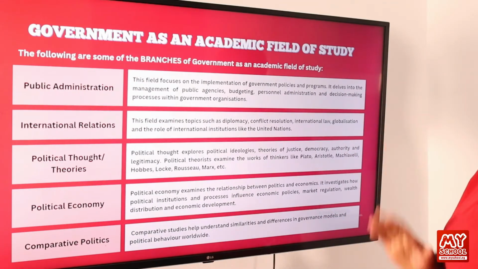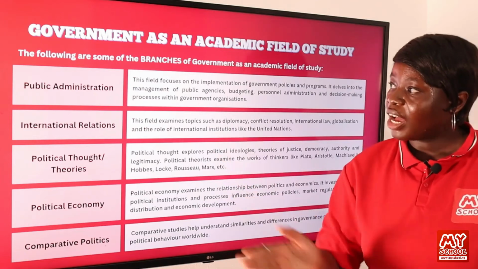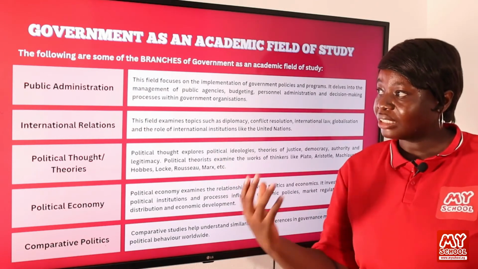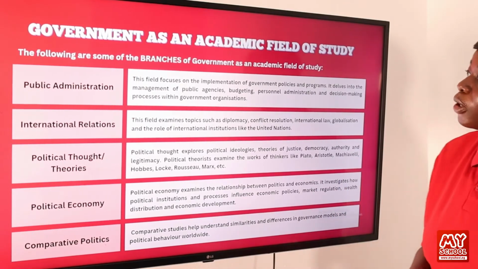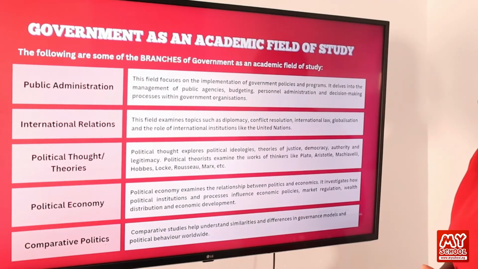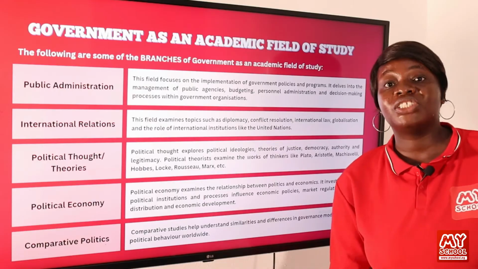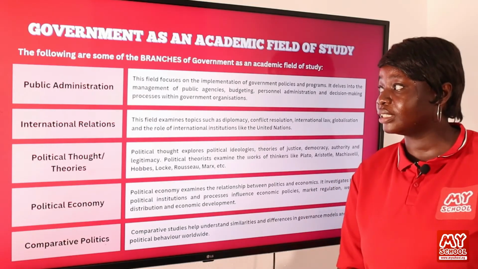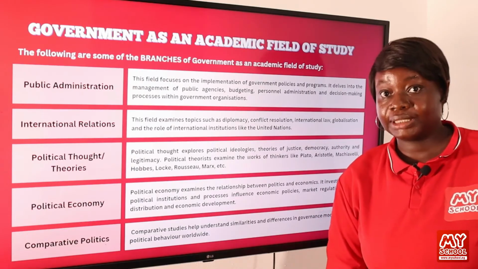So here are the branches of government as an academic field of study. We have 5 various branches. We have public administration. Under public administration, we are talking about the field that focuses on the implementation of government policies and programs. If you're planning on working in different public agencies, in the civil service, and so on, you might choose to study public administration in university.